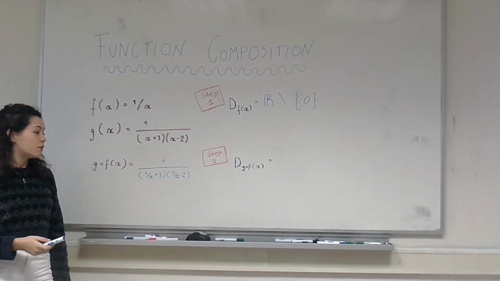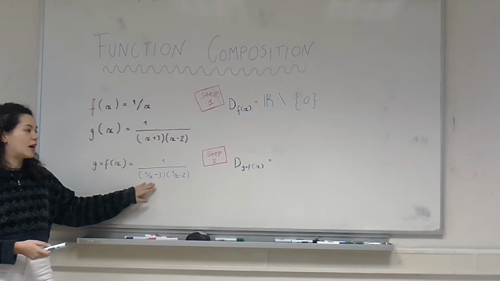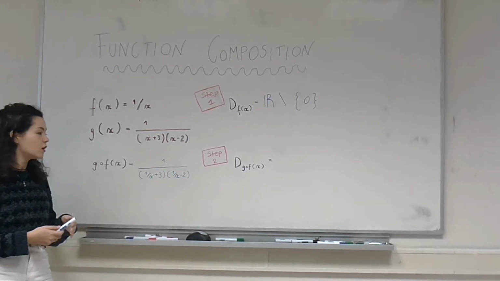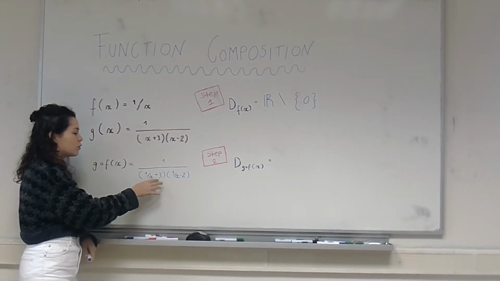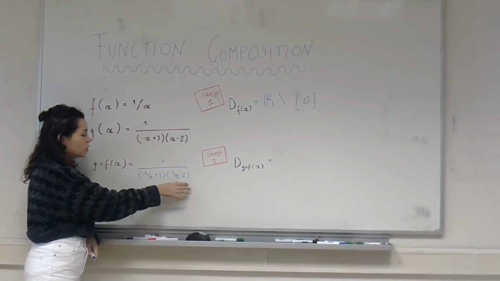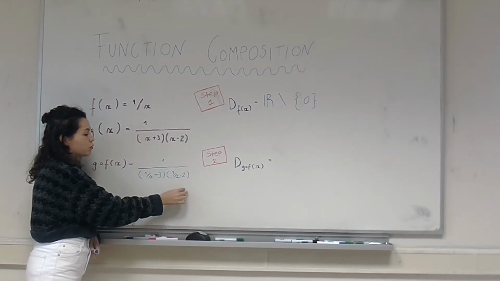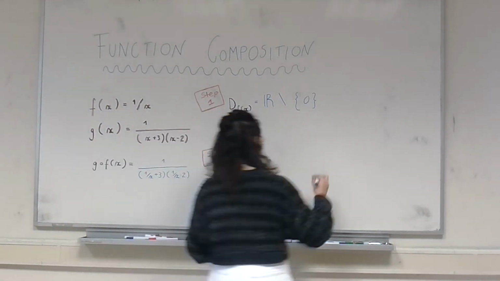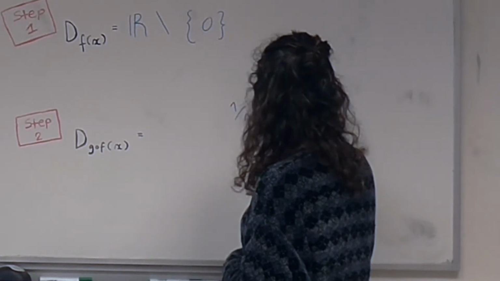So the second step is to look at the domain of the composite function. And in this case, again, you have something over x's. So you have to make sure that the denominator is not equal to 0. In this case, you have 2 parts multiplying one another. So you know that this individually cannot be equal to 0, and this individually can also not be equal to 0. So we can just quickly calculate that by having these separate equations over here, plus 3.